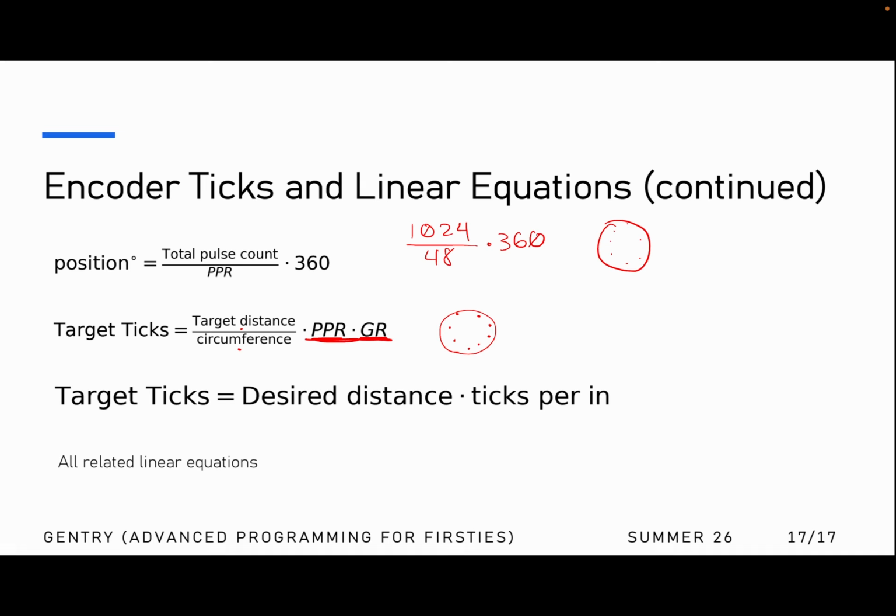We can also say that, hey, our target ticks is going to be equal to our desired distance times our ticks per inch that we derived on the last one, because it's a simplified way to do that. It makes sense. It helps with our calculations to do it that way. And these are all related to our linear equations because circles, even though they're a circle, when they're laying out a path of where they've traveled, that is a linear equation.